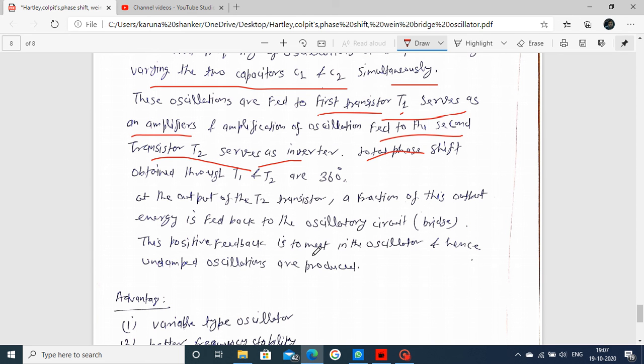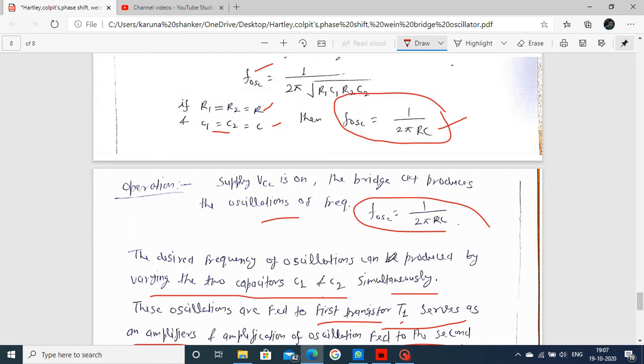This positive feedback meets the oscillator condition, and hence undamped oscillation is produced.